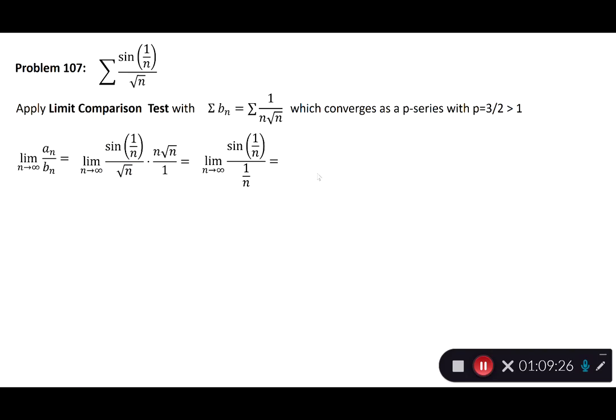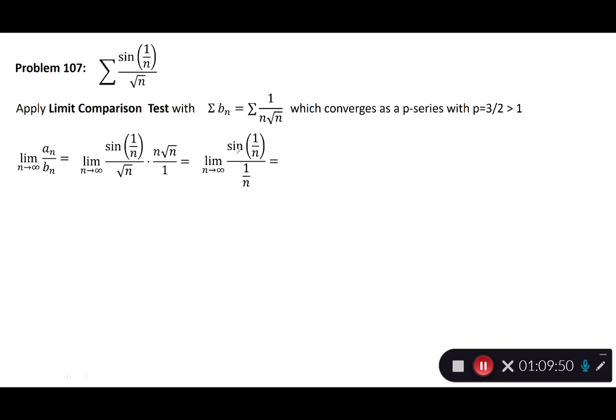Now, what in the world is the limit of sine of 1 over n over 1 over n? Can I replace 1 over n with an m? If I do, would you agree the top becomes sine of m and the bottom becomes m?